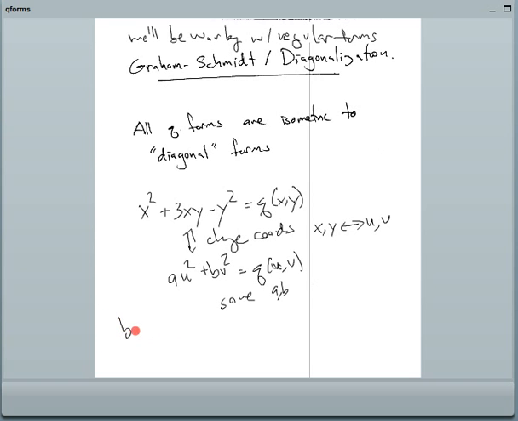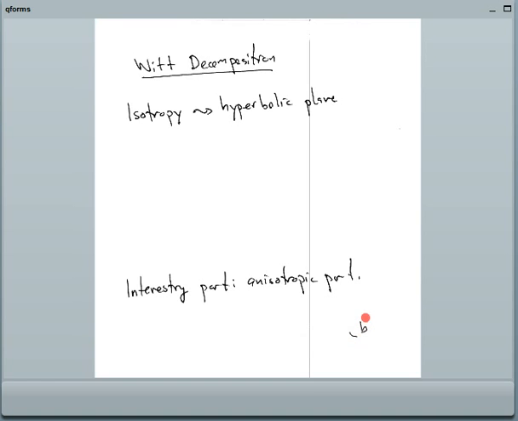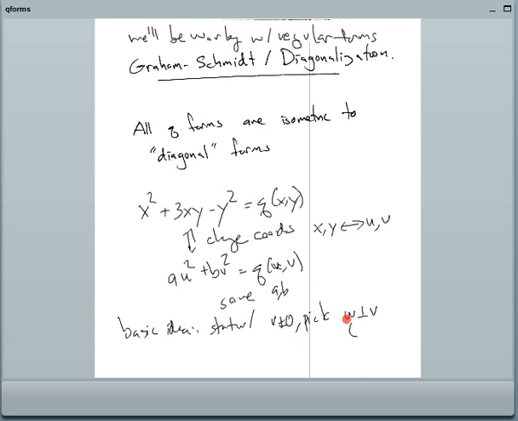The basic idea is you start with v non-zero, and then you pick some w which is perpendicular to v, in other words, such that the bilinear form evaluated on w and v is zero.